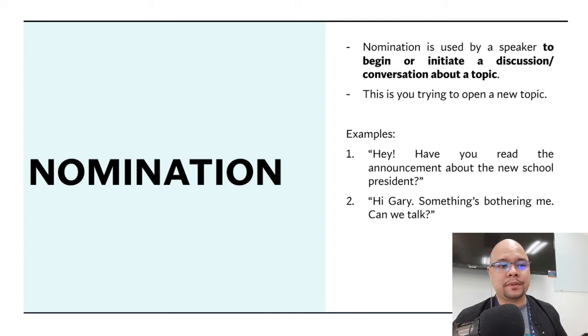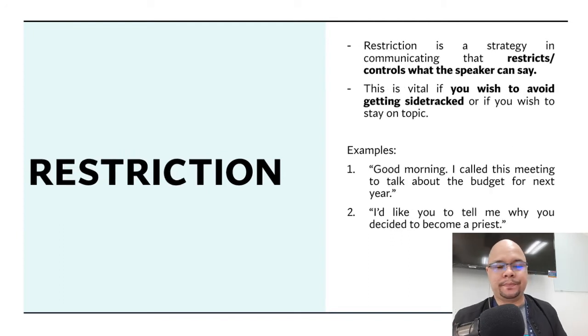So probably it's not a friend named Gary, but you might have asked a friend if you guys could talk. This might be found in a situation wherein you're feeling sad, or probably if you just want someone to talk to. So this is a very common example of nomination. You trying to start a conversation with somebody else.